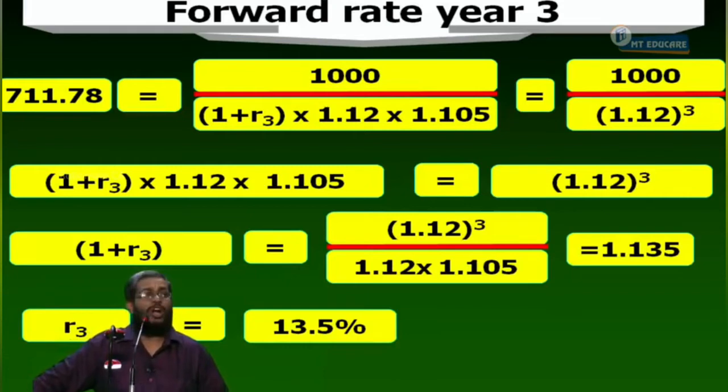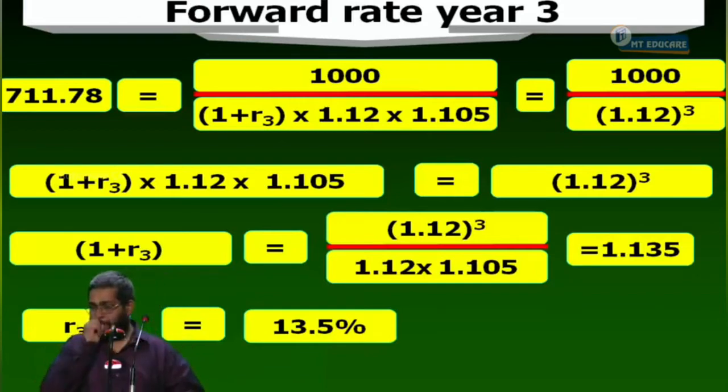Bootstrap method should not be applied to term structure of coupon paying bonds because the cash flows are uneven.